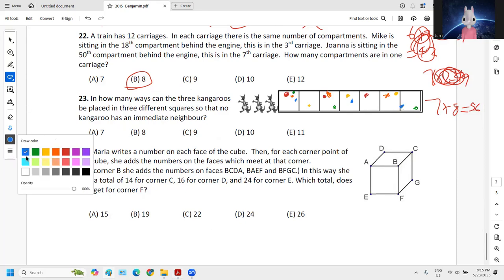And now we can use the lighter blue for here, here, and here.